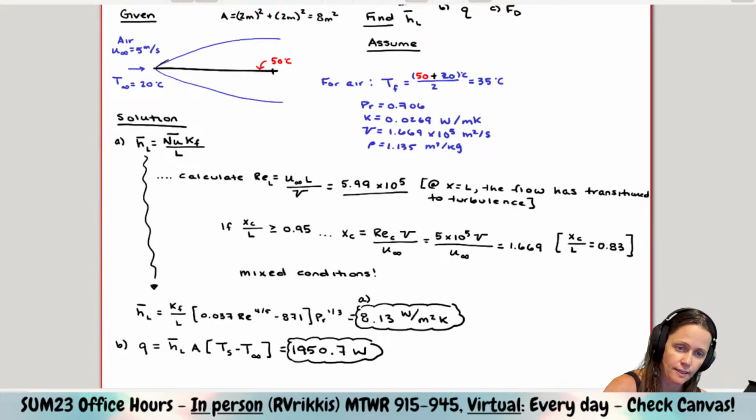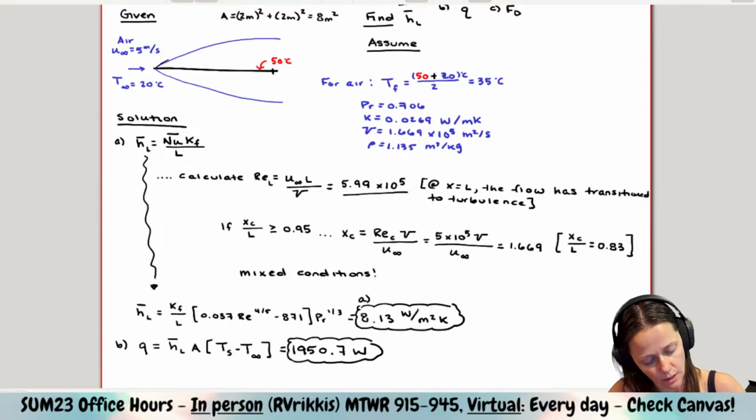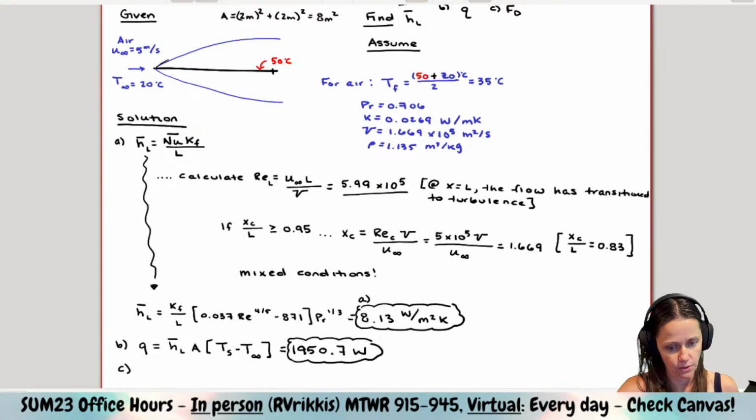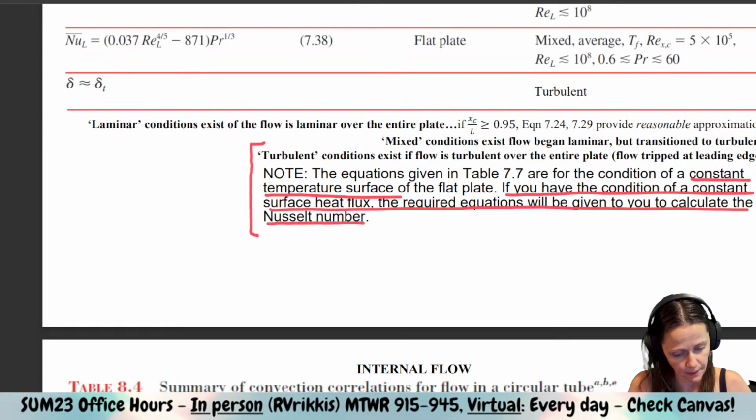All right, and then we need our drag force. So let's look at our equation sheet and see if we have anything that will be useful to us.